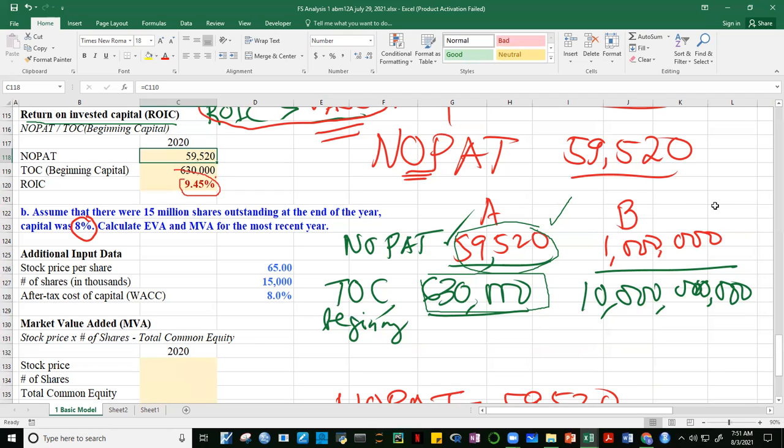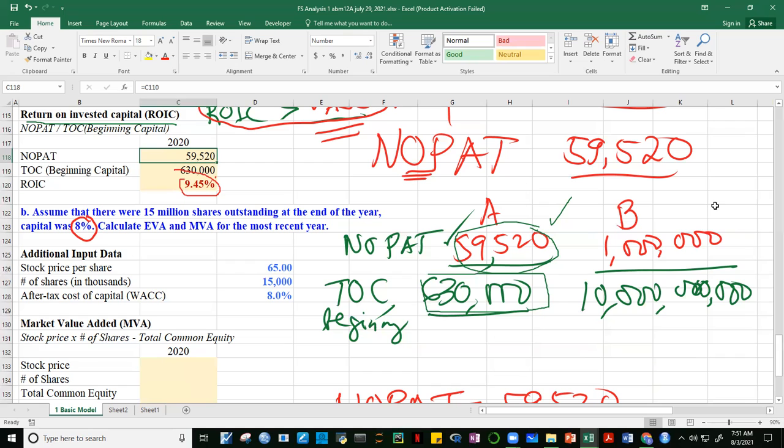Kasi kailangan tingnan natin holistically yung picture. Sabi natin, si A, yes, 59,520 yung net operating profit after tax. But this was based on a total operating capital at the beginning of 630. Diba? At the beginning of the year, 630,000 operating capital was provided to management. Now, what about company B?